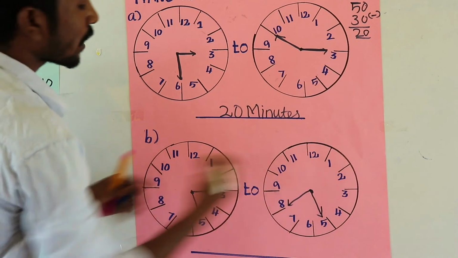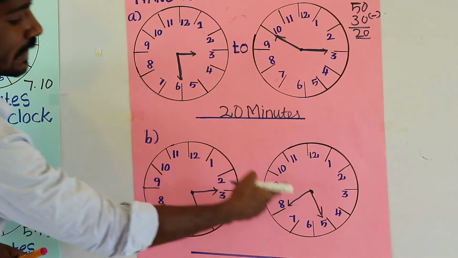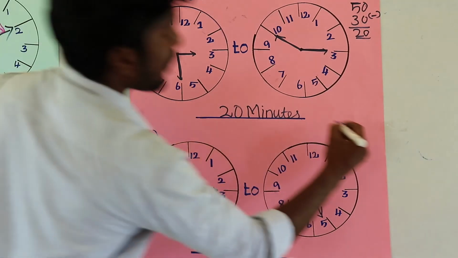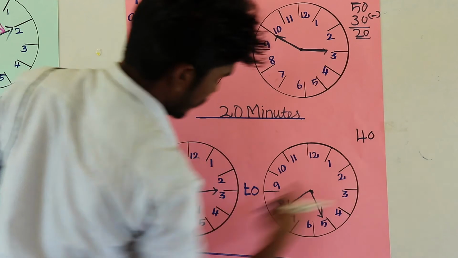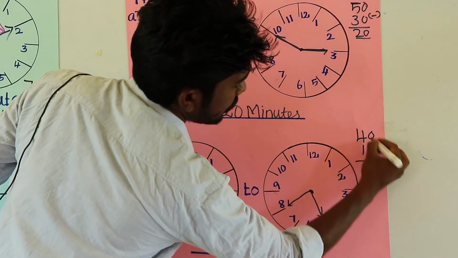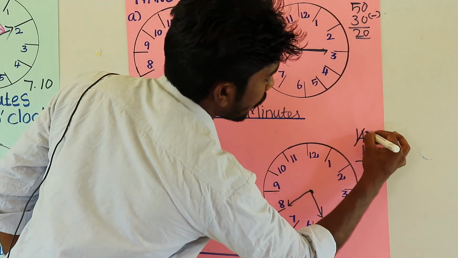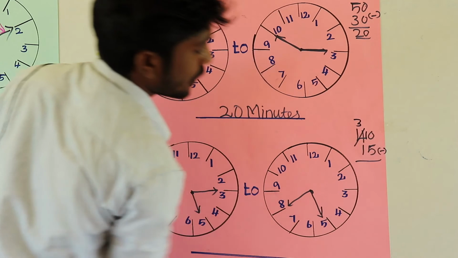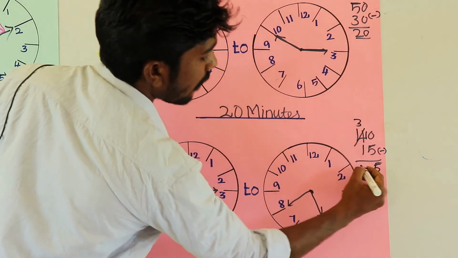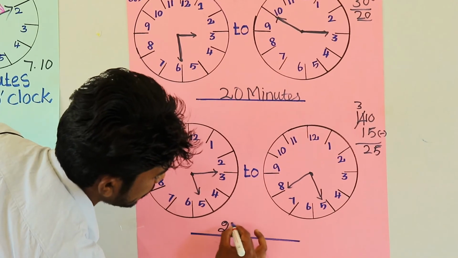So look at the two clocks for the difference: here 5:15, here 5:40. So subtraction: here 40, here 15. 0 minus 5 is impossible. So borrow 10, here 3. So 10 minus 5 is 5. 3 minus 1 is 2. So how many minutes? 25 minutes.